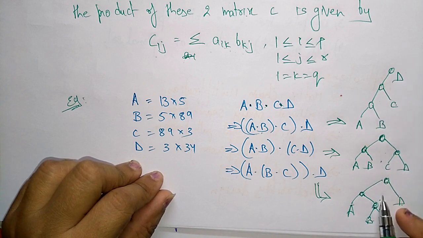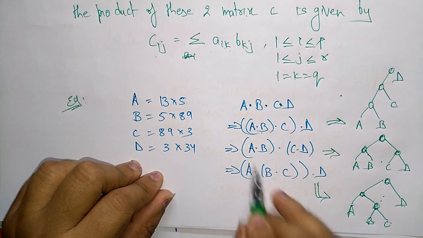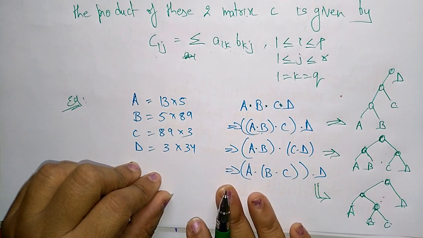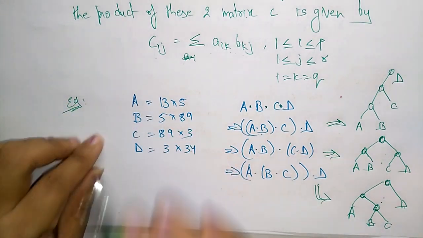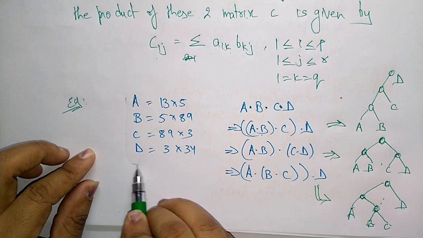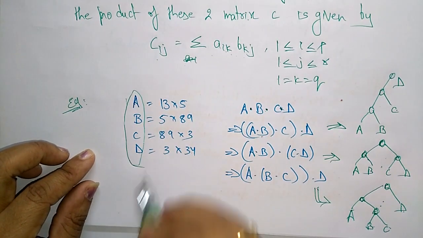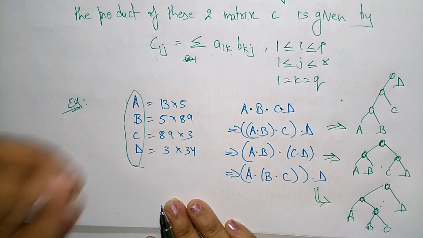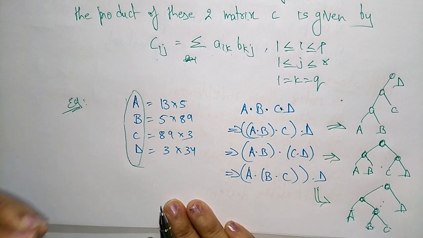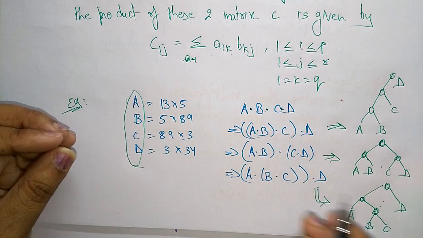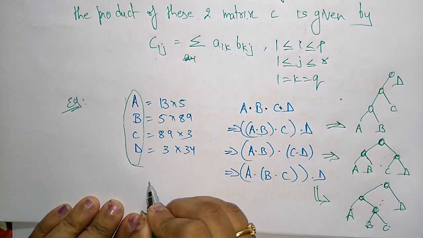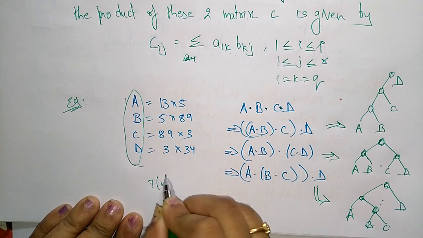Whenever the structure is different, the cost will also be different for these matrices. The main thing is we have to multiply these four matrices and find the best possibility, the best equation.